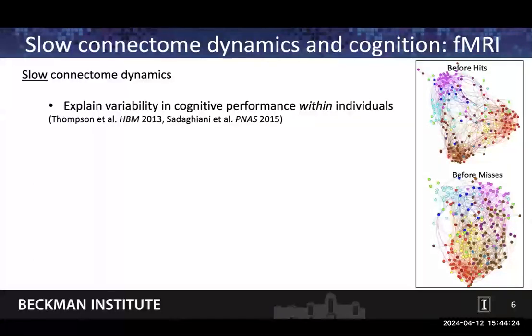So here the colors still correspond to those canonical neurocognitive networks I was talking about. But you can see that in certain brain states, they might be more segregated and clustered, and in other brain states, they might just be all mixed up. So connectivity isn't as sharply separated by these different neurocognitive networks.